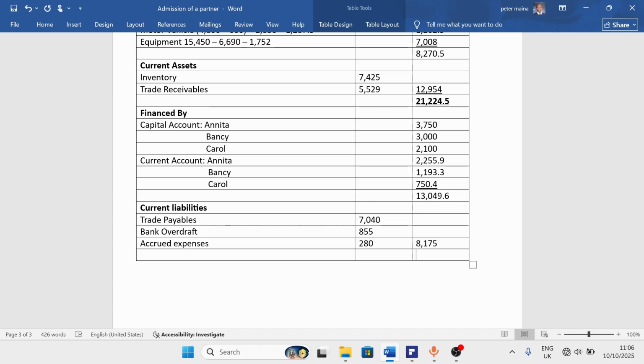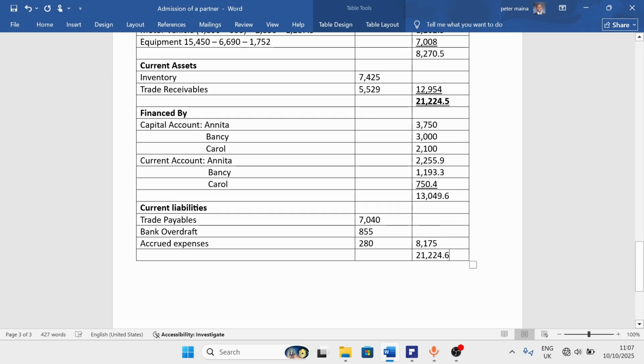So 8175, we are going to add it to the total for capital account and current account, 13049.6. So that is giving us 21,224.6.